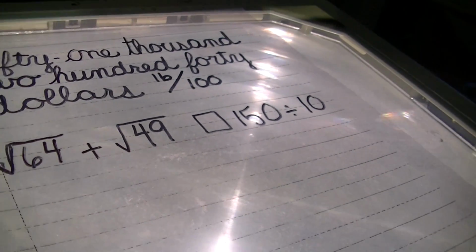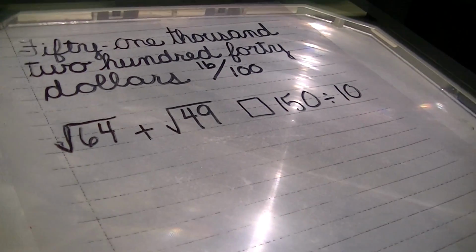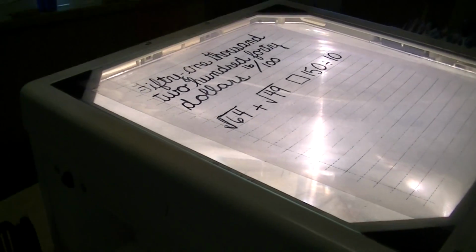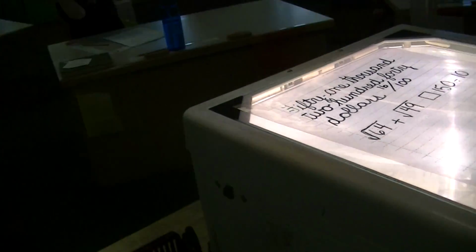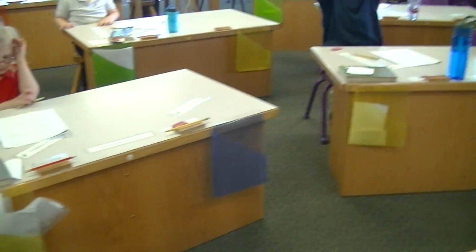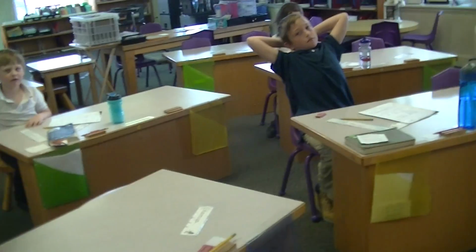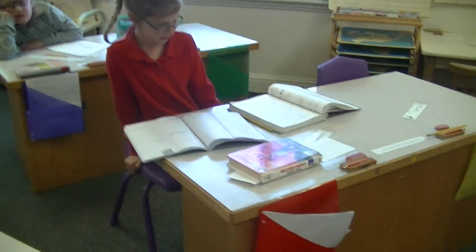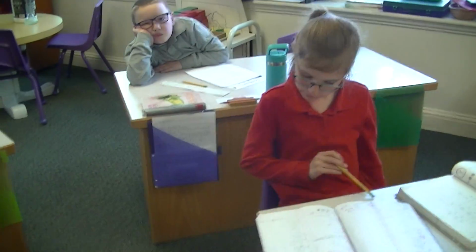It's a square root. Remember, square roots are numbers that go 1 times 1, 2 times 2, 3 times 3, 4 times 4, and so on. Basically, it's a doubles multiplication problem, but we don't say doubles because that's for adding.